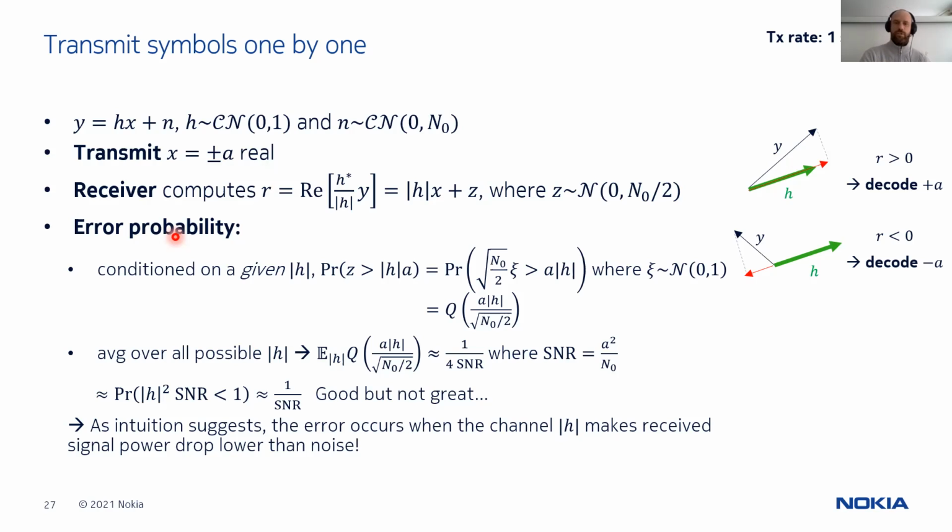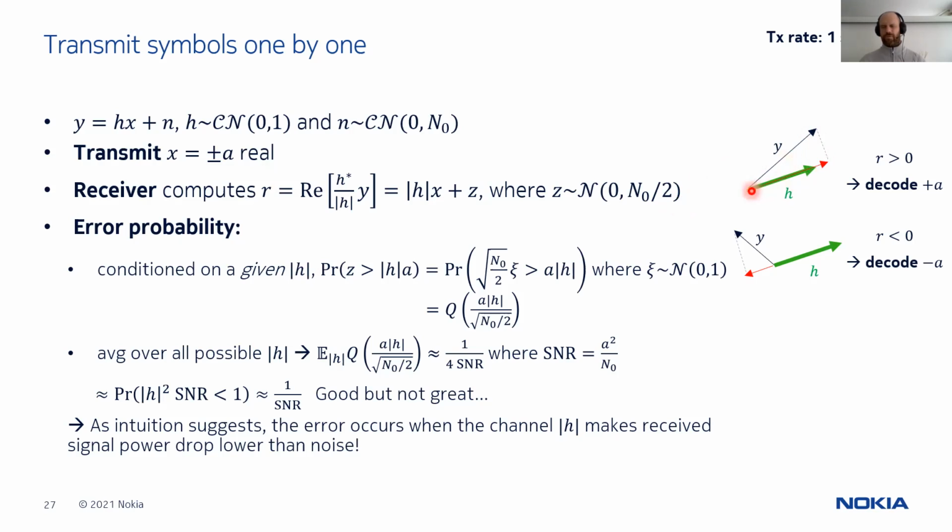Either way, whether you transmitted plus A and decode minus A, or transmitted minus A and decode A. So let's say that you know h, and h is given, which is not true, but let's start with that. So the probability that you decode the wrong thing is basically the probability that the noise, because the only problem here is noise, since without noise you always decode well, right? So the probability of mistake is the probability that the noise makes you flip in the other direction.